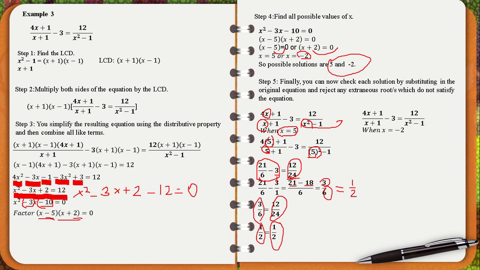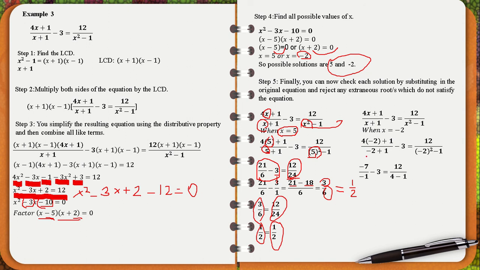Ngayon naman, i-substitute naman natin yung value ng x which is negative 2. I-substitute natin yan sa lahat ng variable x na nasa equation. So, 4 times negative 2 plus 1 over negative 2 plus 1 minus 3 is equal to 12 over quantity negative 2 squared minus 1. 4 times negative 2 is negative 8.